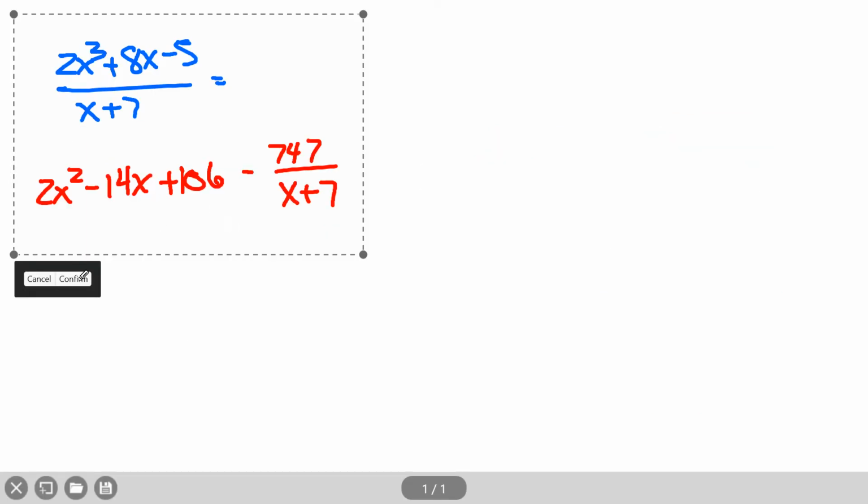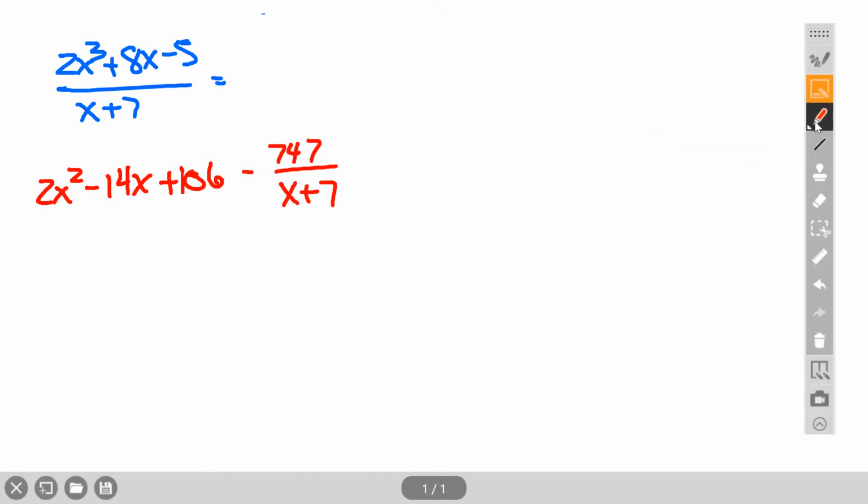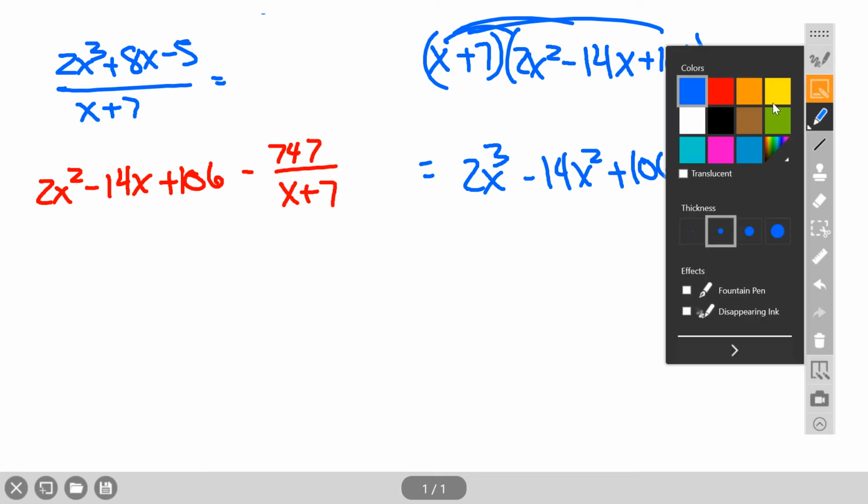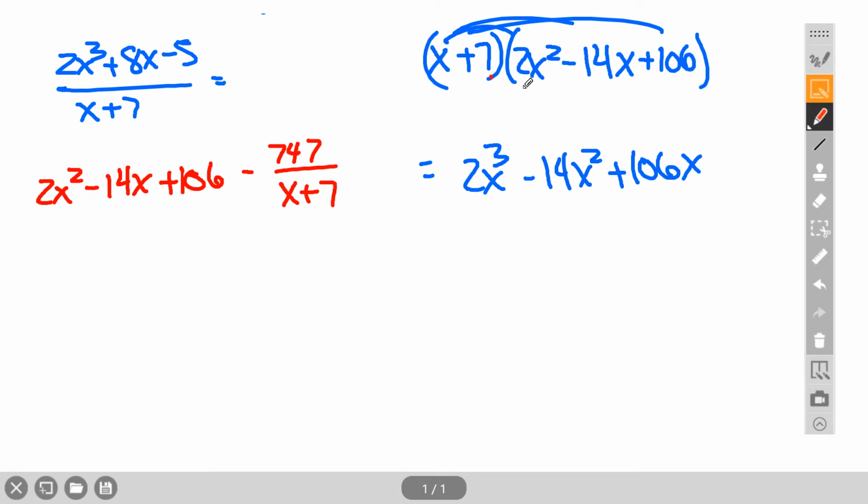So let's bring this over to the whiteboard and check it. So I'm going to multiply x plus 7 and 2x squared minus 14x plus 106, and then I'll subtract the remainder after I do this. So I got 2x cubed minus 14x squared plus 106x, and then I'll distribute the 7.